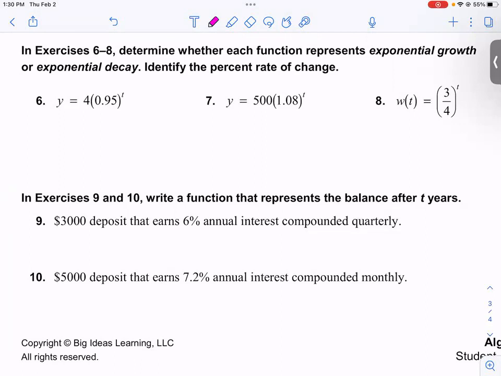But we're multiplying by what number every time? The number in the parentheses I want you to look at. Remember, one's bigger than one, one's smaller than one. Like in number 6, this 0.95, is it bigger or smaller than 1? So then is it growth or decay?